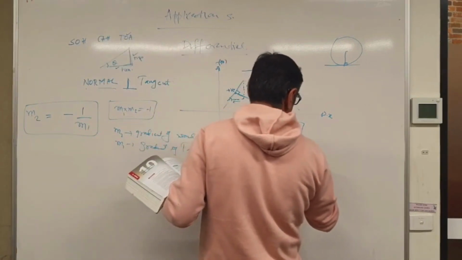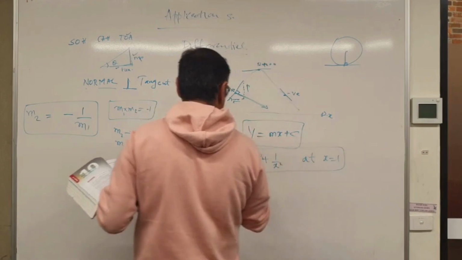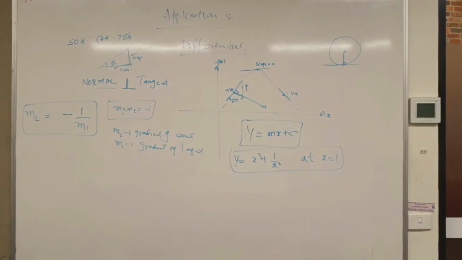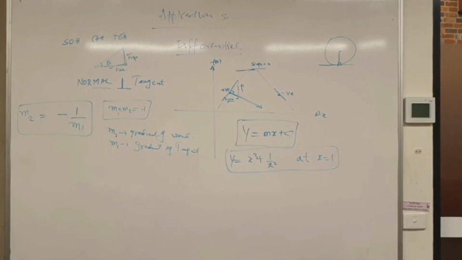Equation of the tangent at x equals 1. I'm not dealing with normal. Just find me the equation of the tangent line that you will draw at the point x equals 1 for this graph. Quick. Think about it. What will be the first step here?